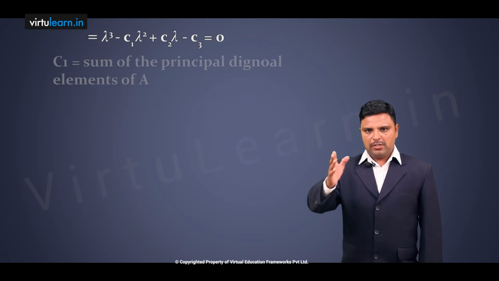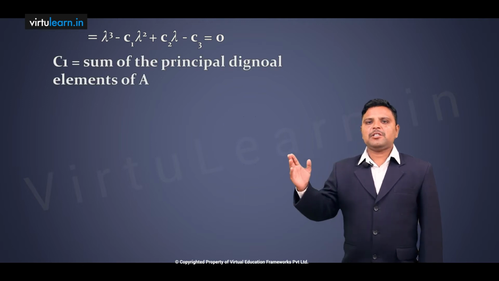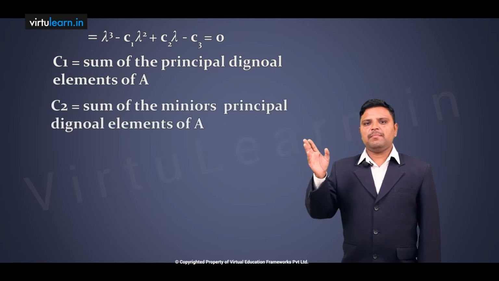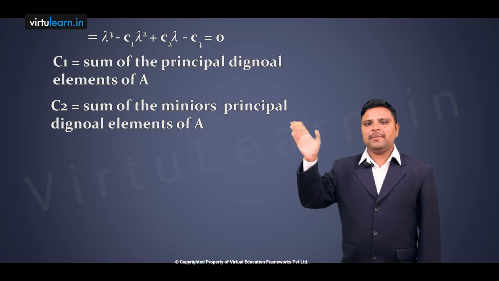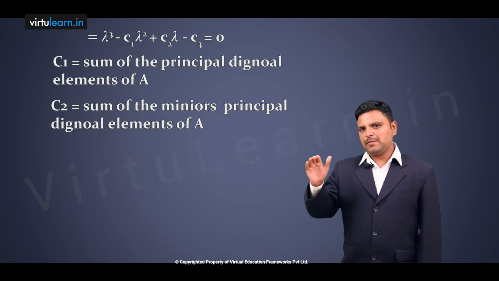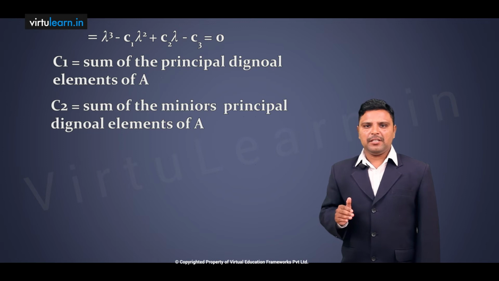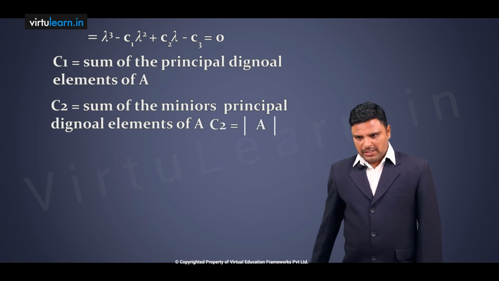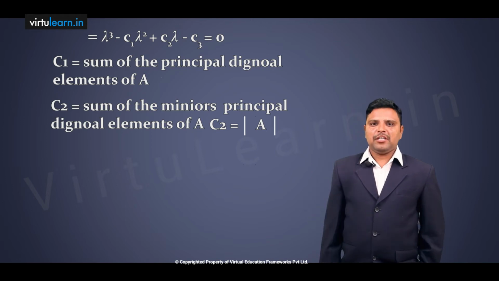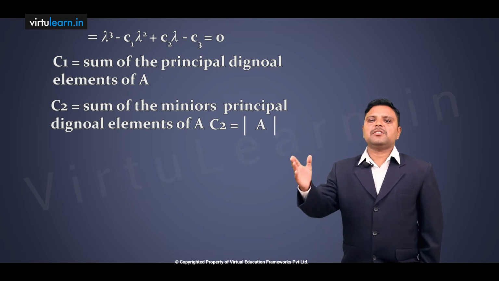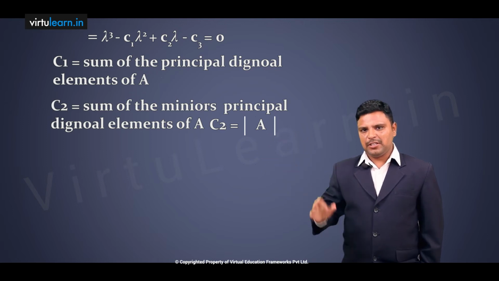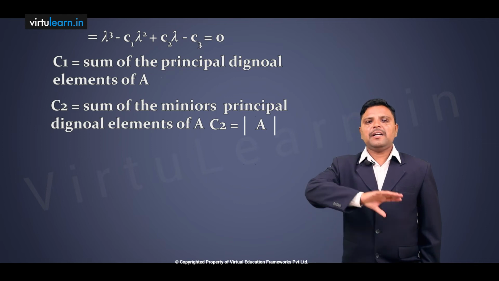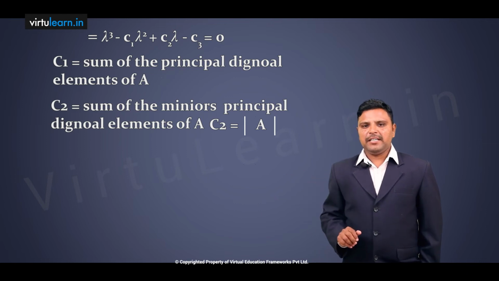Once again, C1 equals the sum of the principal diagonal elements of the matrix A. C2 equals the sum of the minors of the principal diagonal elements of A, minor of A11 plus minor of A22 plus minor of A33, and C3 equals determinant of A. Now by using these you construct the characteristic equation, substituting the C1, C2, C3 values. Then we will get the characteristic equation in terms of lambda.